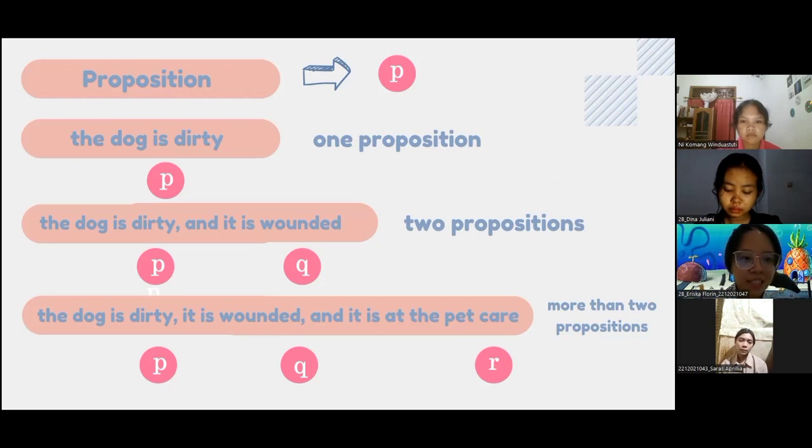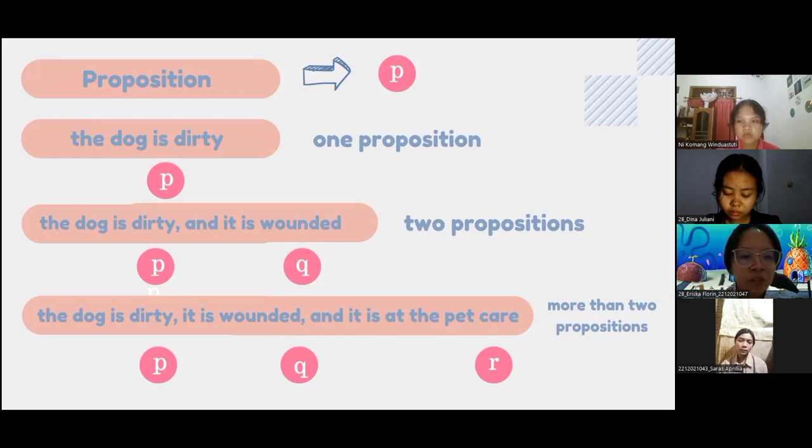So this sentence contains two propositions: the first sentence is symbolized by small p, and the second sentence is symbolized by small q.